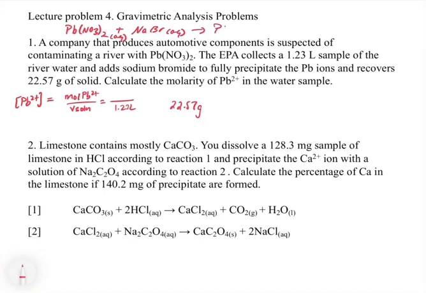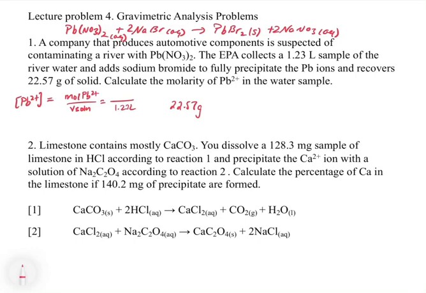We do our partner exchange. We're going to get lead bromide, and we put a 2 down below because the lead is a 2+. When we check our solubility rules, we see that lead bromide is a solid, and then we get sodium nitrate, which, checking our solubility rules, is aqueous. To balance this, we have to put 2 in front of the sodium bromide and 2 in front of the sodium nitrate.